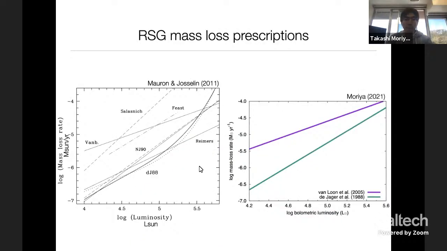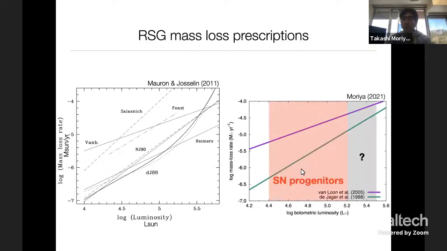For simplicity, I showed many red supergiant mass loss prescriptions, but broadly speaking, they can be classified into relatively low ones and relatively high ones. So we take this low de Jager type mass loss rate, and also the Van Loon like mass loss rate, which is relatively high.